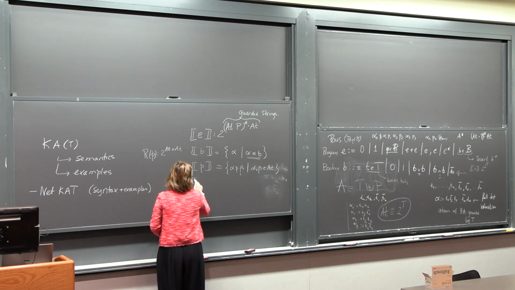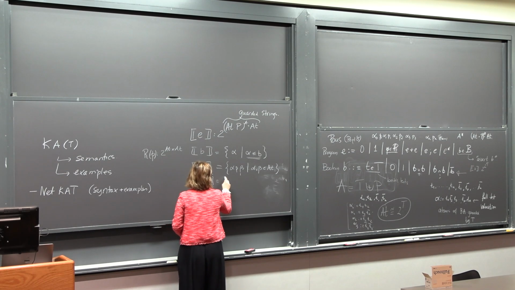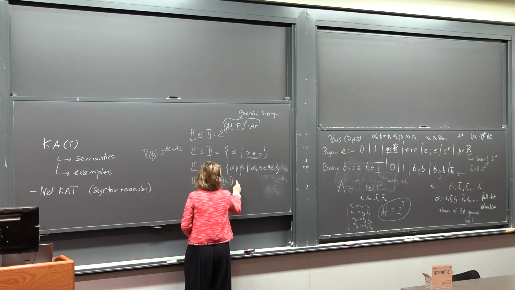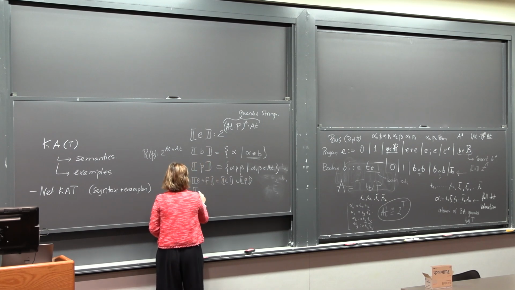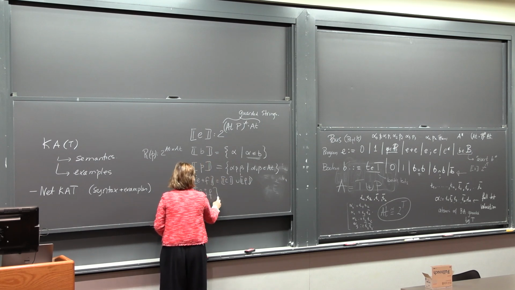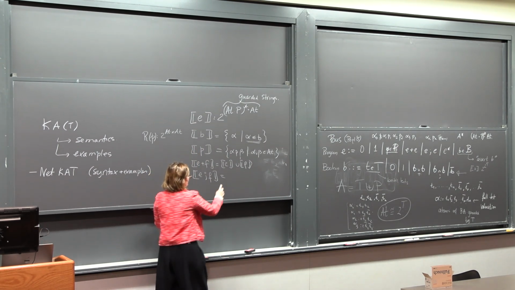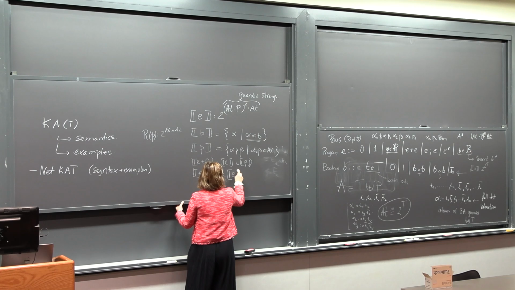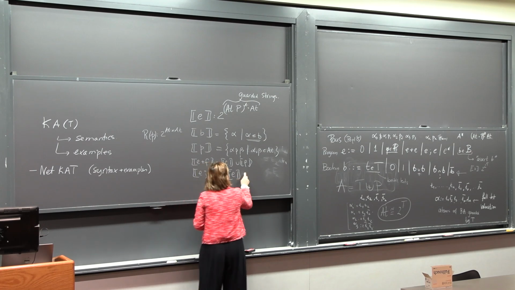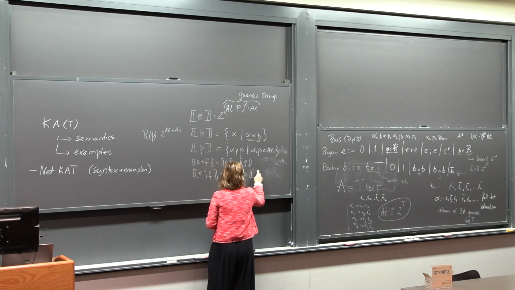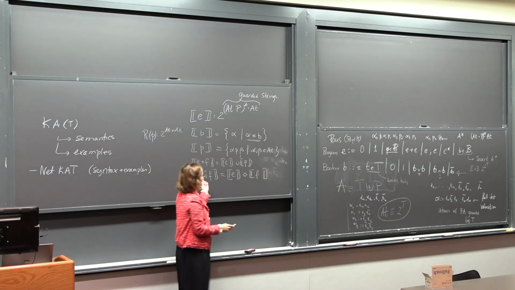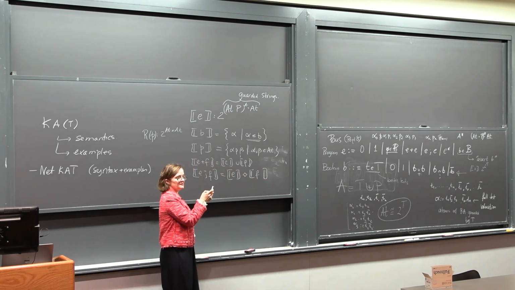Okay, then for plus, it's still just union. And now comes the interesting case. Interesting case is always sequential composition. What do I do with sequential composition? So for regular expressions, we just took a string from E and we concatenated it with F. Now, what's the problem now?